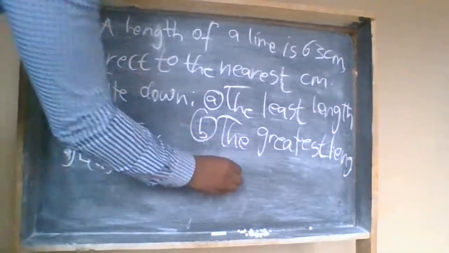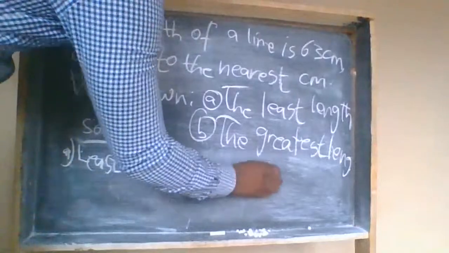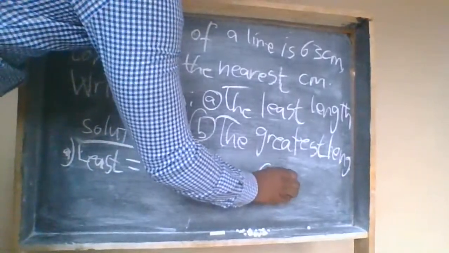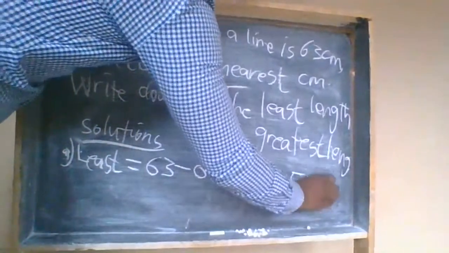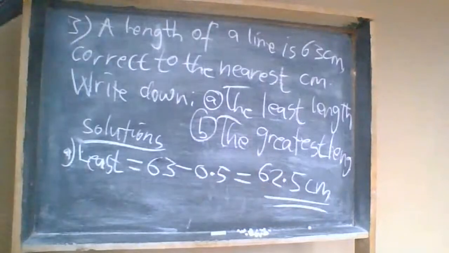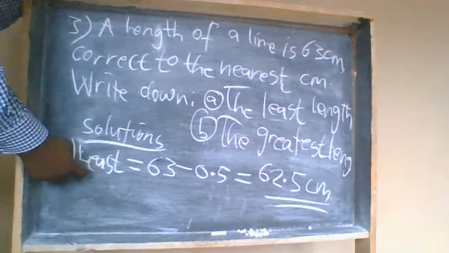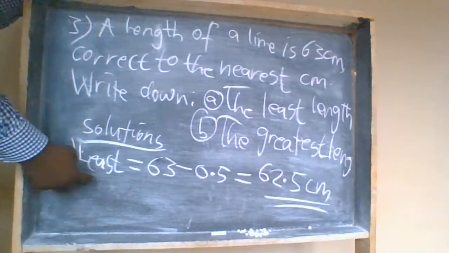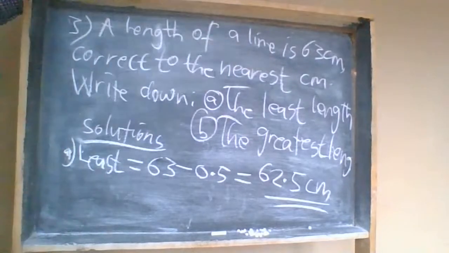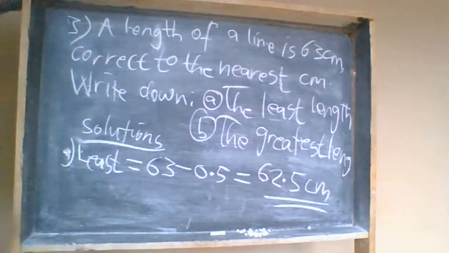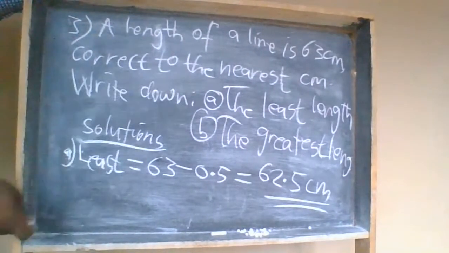This one will give us 62.5 centimeters. This is the same as the lower limit, the least length. We are finding the lower limit. Like I said, they can bring it in so many different ways.